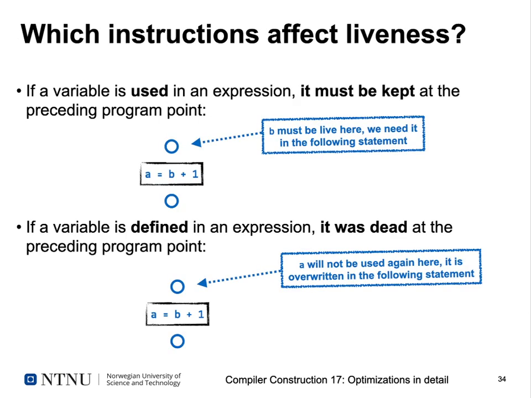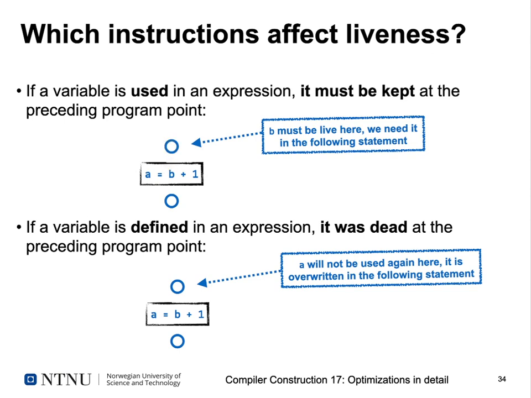So which instructions actually affect the liveness of variables? Now, first we can have a use of a variable. So we have a variable here that's mentioned on the right-hand side of an expression like b in our example here. And if a variable is used in this expression, then it must be kept at the preceding program point. So we know that when we read a value of a variable b here, it has to be live at that program point before we enter this instruction.